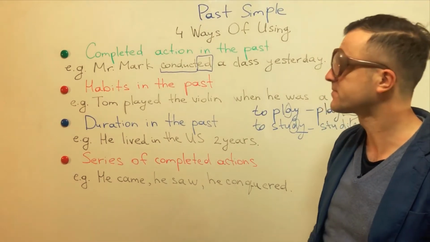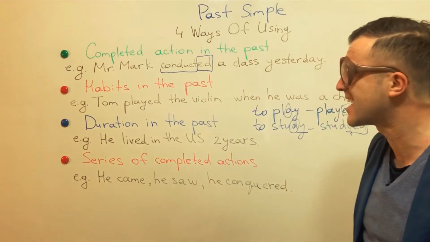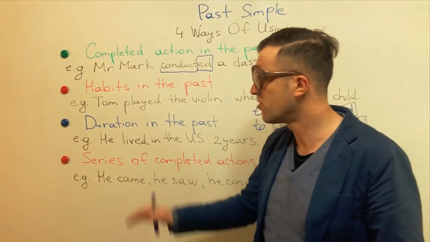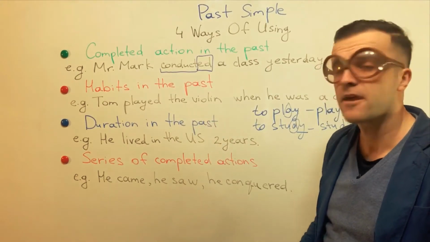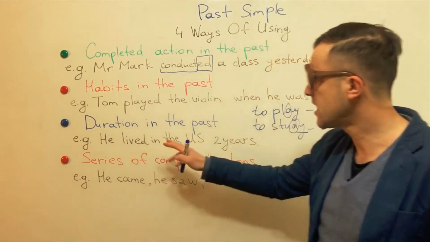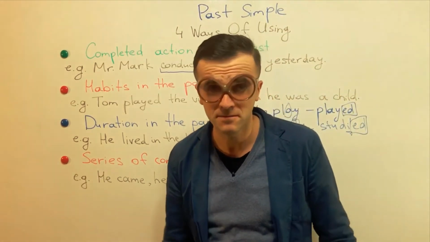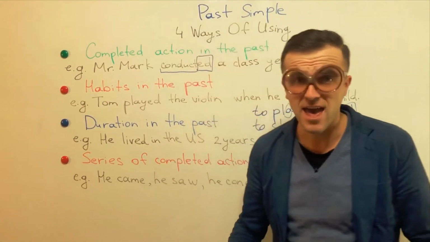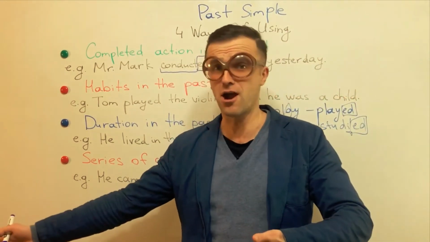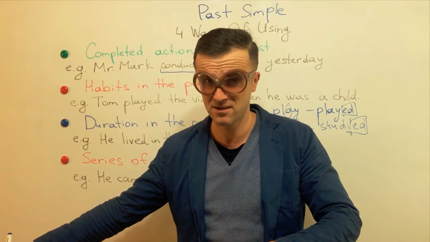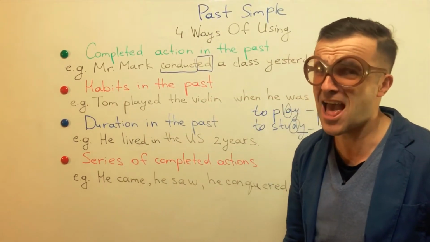You got it. Okay, so let's move on to the third way of using the past simple. So this is a duration in the past. For example, he lived in the US for 2 years. Okay? Then he studied in Moscow for 3 years. Okay? So 3 years, and he doesn't study in Moscow anymore.